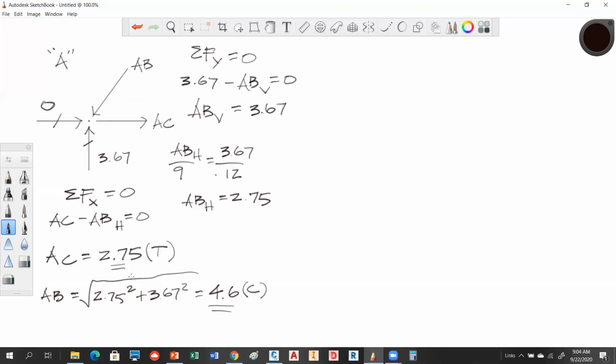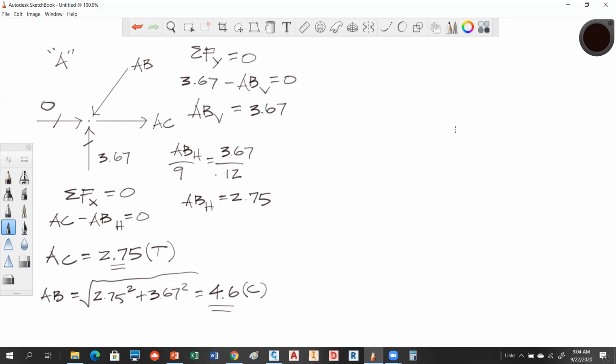So now we have to decide where do we go from there. Since you have information for AB and AC, you either want to go to joint C or you want to go to joint B. Now, if you look at C, we're going to have a bunch of unknowns. But if we look at B, because we just solved this A member coming in, we're going to have enough to solve that, okay?